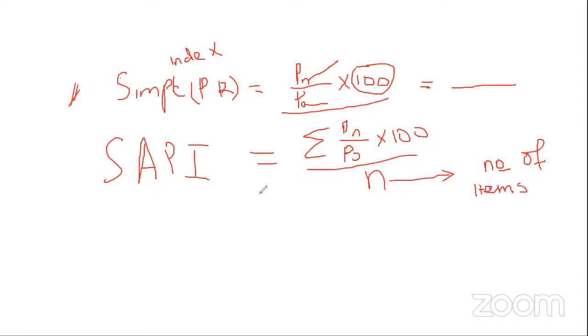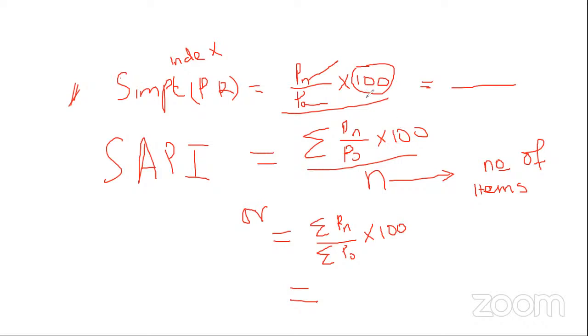Is that clear? Or it can also be summation of Pn over summation of P naught, then we multiply this by 100. So it depends. If you have already calculated the price relatives, you can use this method that you sum them up.